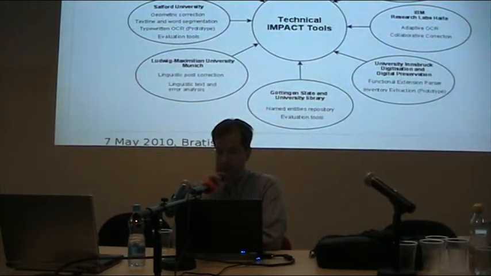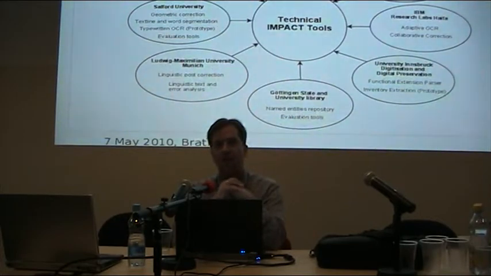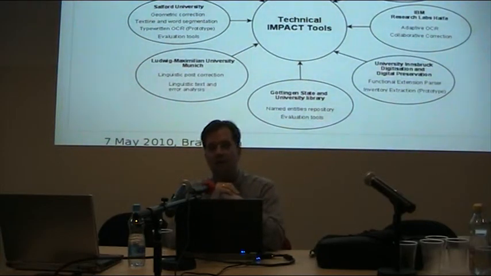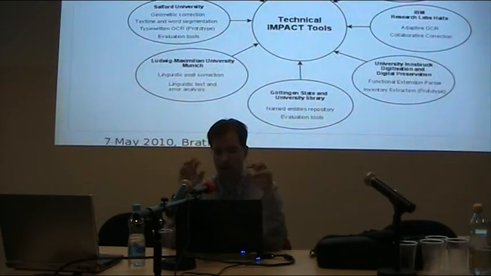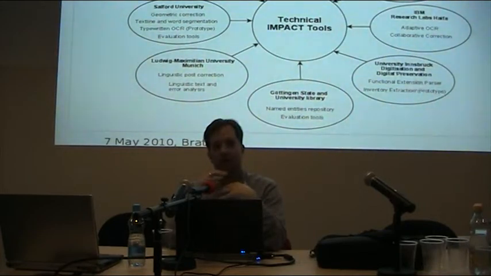We have then the IBM Research Labs Haifa. They develop an adaptive OCR which is integrated into a collaborative correction system. The idea behind this is that when we have OCR errors that we cannot correct without human intervention, we have a complete system where users can collaborate, they can log in, and in different modes they can correct words, characters, and on a page level as well.